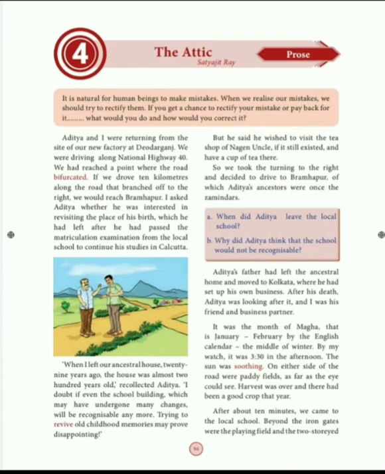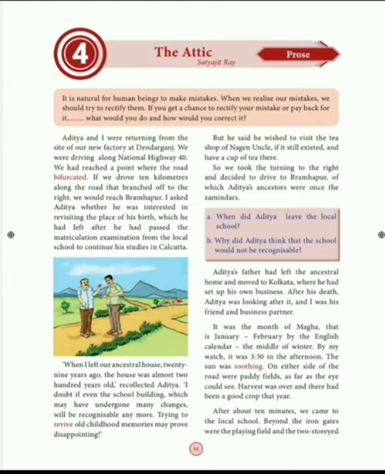After that only, their family shifted to Calcutta. Before that, he lived in Brahmapur. So when the road bifurcated, his thought also bifurcated, whether he had to go to Calcutta or visit his birthplace, Brahmapur. Like that, in thought, he stopped the car.